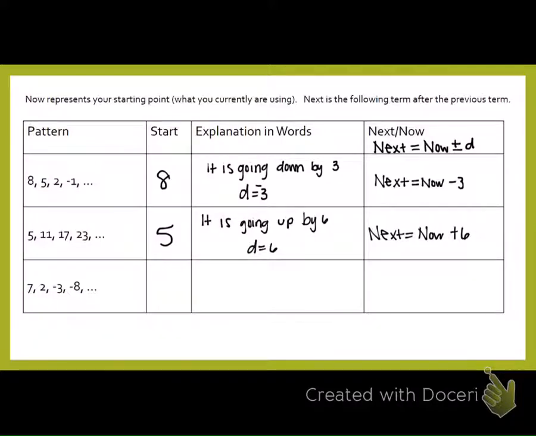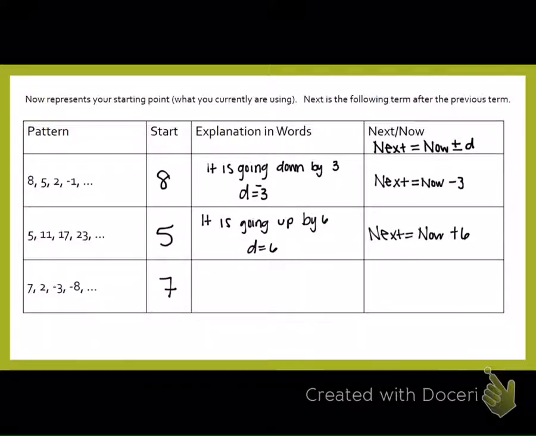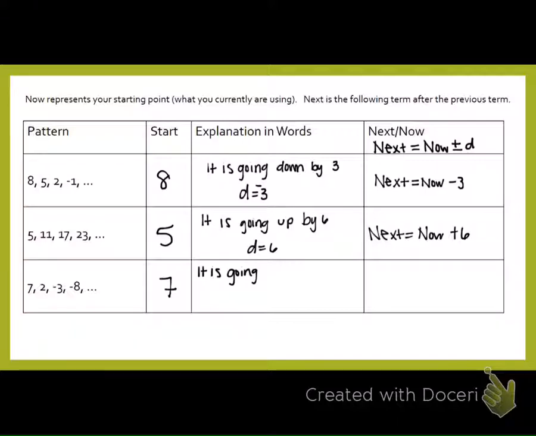So Blaine, what is my starting for the next one there? 11. And Josh, what is your own words of what's happening there? It's going down by.